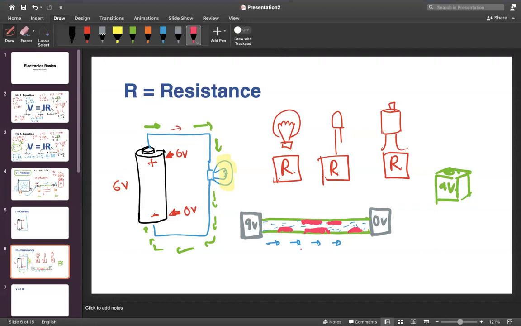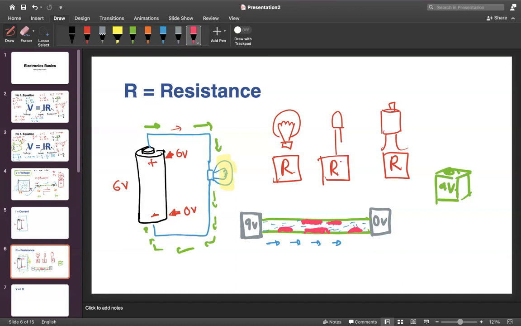Now, when there are particles, the water flow is being disturbed, right? So these particles are resistance, right? The meaning of the word resistance is also difficulty, the difficulty to do something.